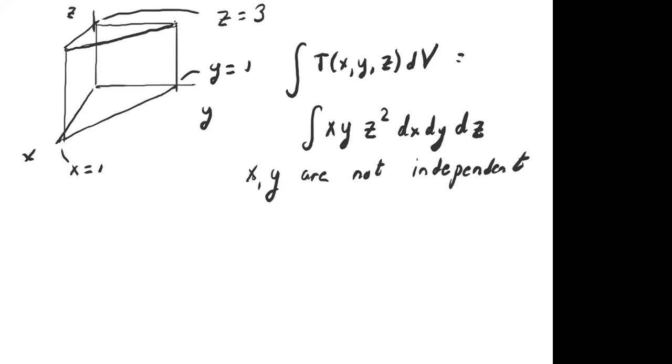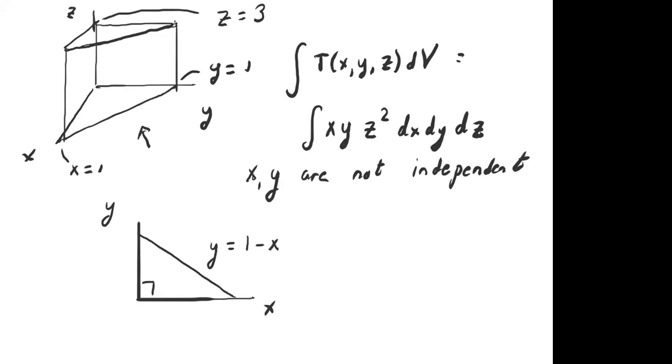Namely, if you take this figure and draw out from it the xy plane, you will see that the edge of the prism defines a line. This is always a right triangle. The equation of this line is just y equals 1 minus x. So it has a slope of -1. So x and y are related. They're not independent.